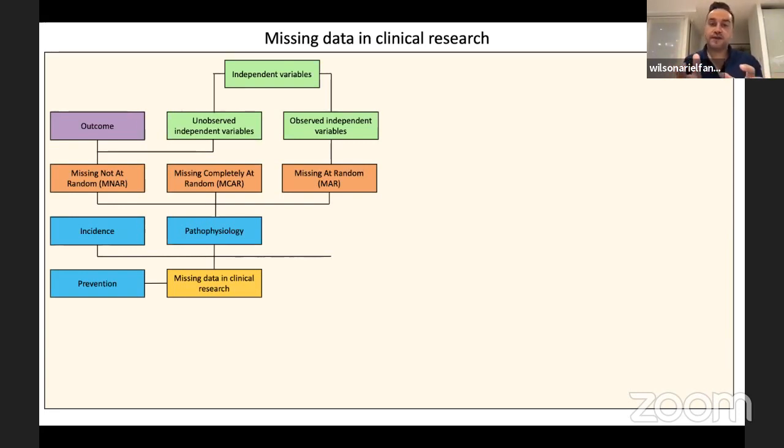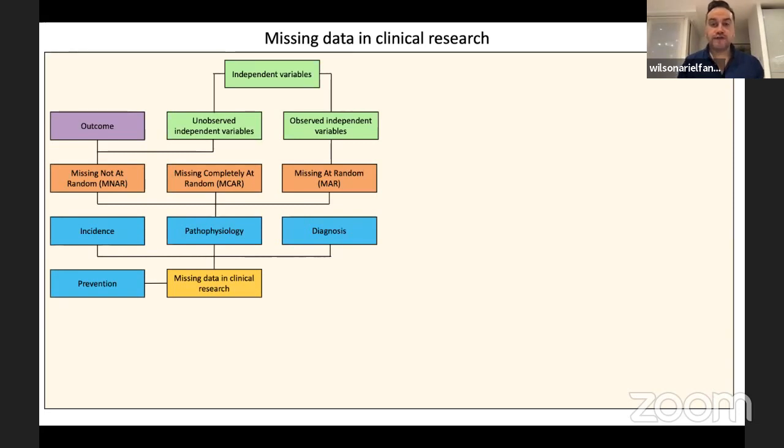So this is why we can have a treatment for this missing data. Okay, so long story short, missing not at random has no treatment. Missing completely at random doesn't need any treatment, and missing at random is the treatment I'm going to talk about in a couple of minutes.